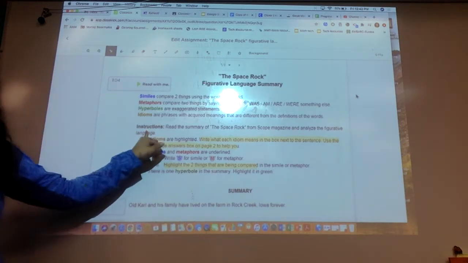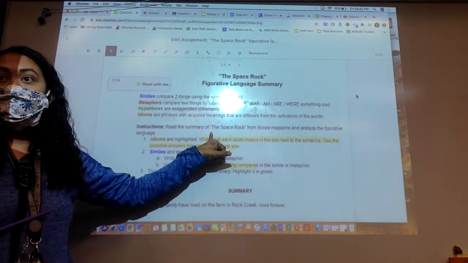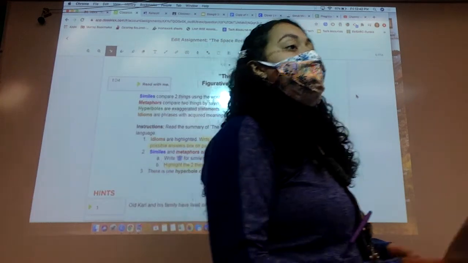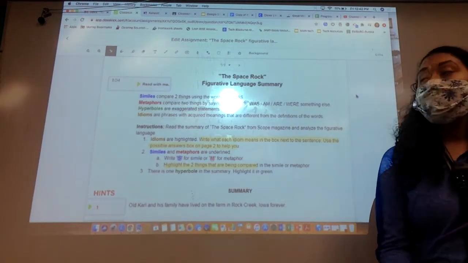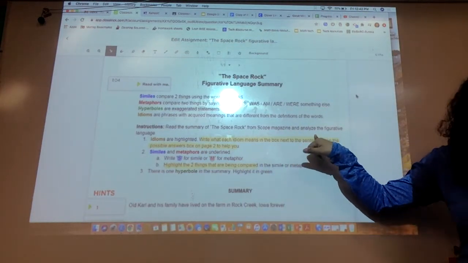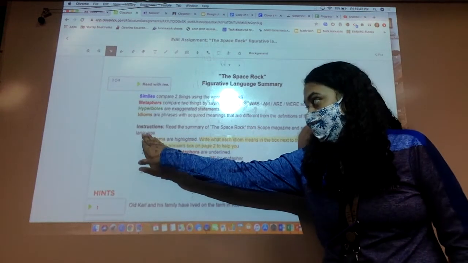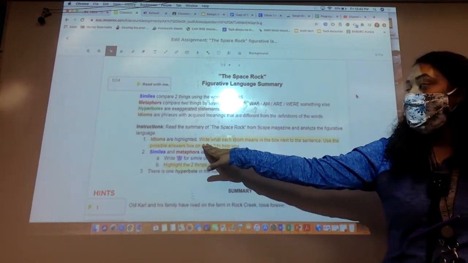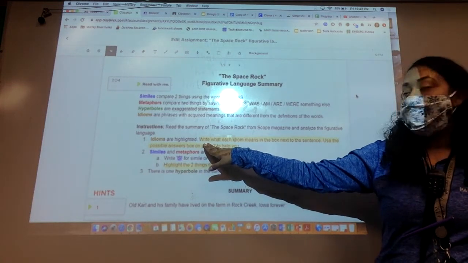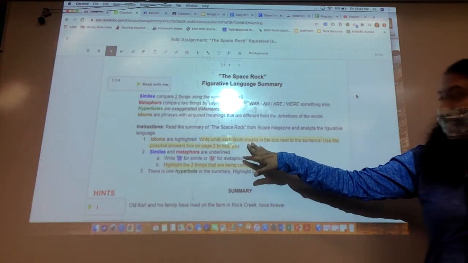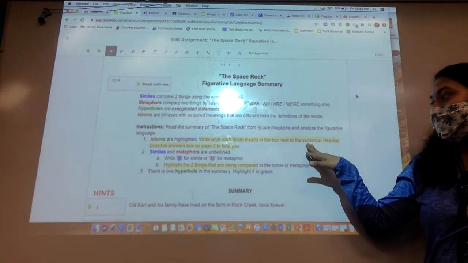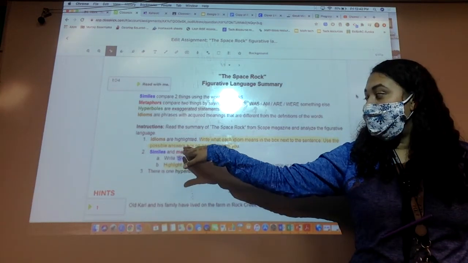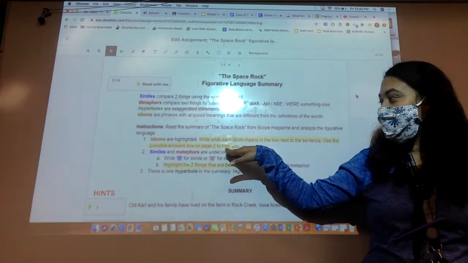Okay, instructions, ready? Read the summary of the Space Rock from Scope magazine quickly, and analyze the figurative language. So number 1, idioms are highlighted. Write what each idiom means in the box next to the sentence. Use the possible answers boxes on page 2 to help you.